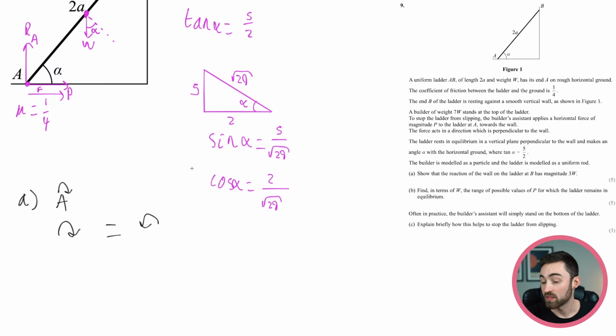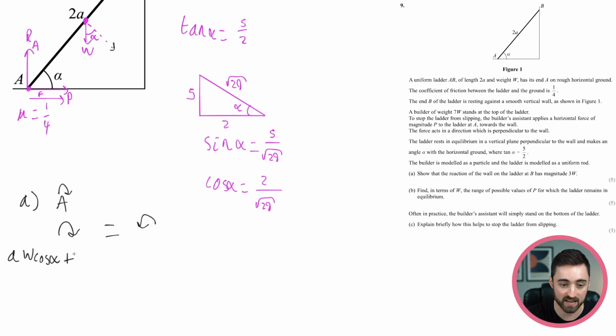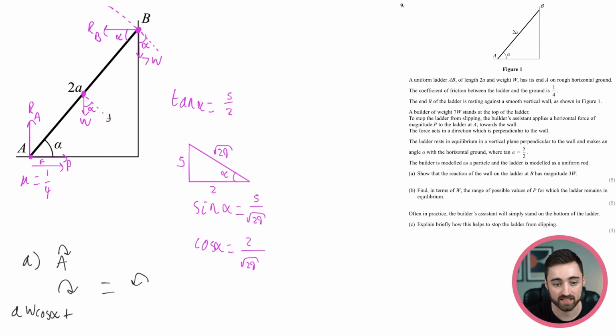Trying to rotate it this way, what am I going to have? I'm going to have this weight here that's trying to pull it down that way. So what's the moment going to be? Well, it's going to be the distance from A to the middle, which is just little a, multiplied by the component going down here of this force, because it's always perpendicular. So it's going to be W cos alpha, because we're going across the angle. So it's going to be aW cos alpha. And then the other thing trying to rotate it this way is this, isn't it?